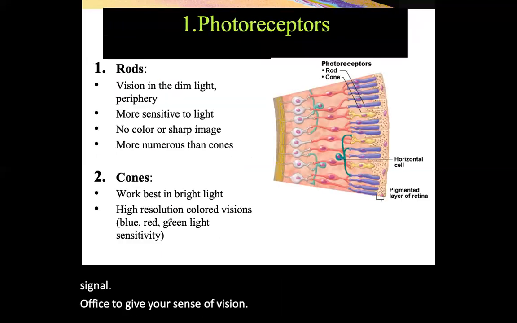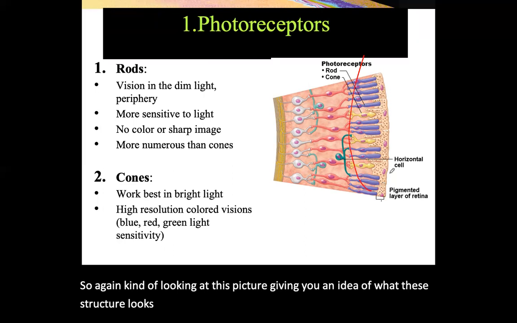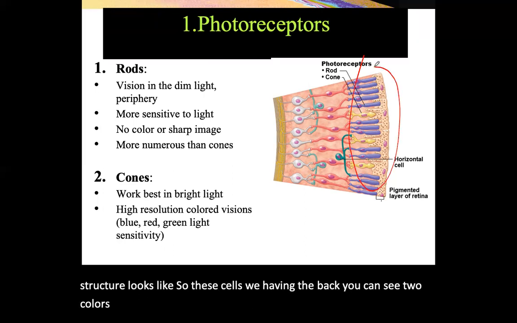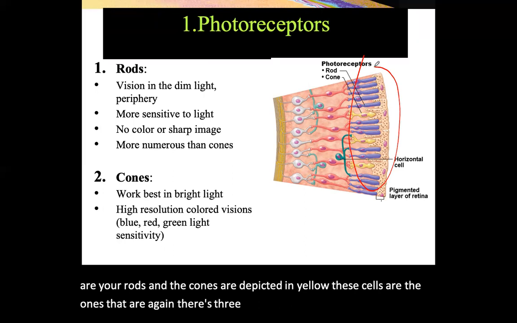Again, looking at this picture gives you an idea of what this structure looks like. These cells in the back, you can see two colors, purple and yellow. The purple, as you can see, are more frequent. These are your rods, and the cones are depicted in yellow. These cones have sensitivity to red, blue, and green colors.